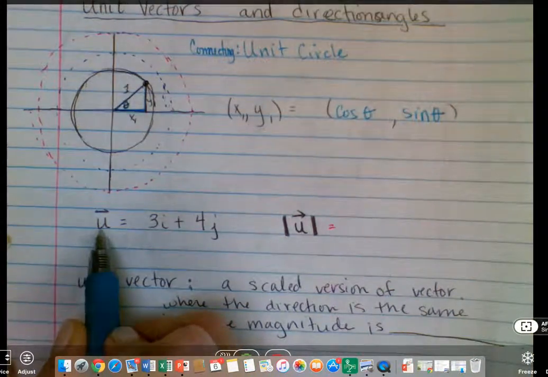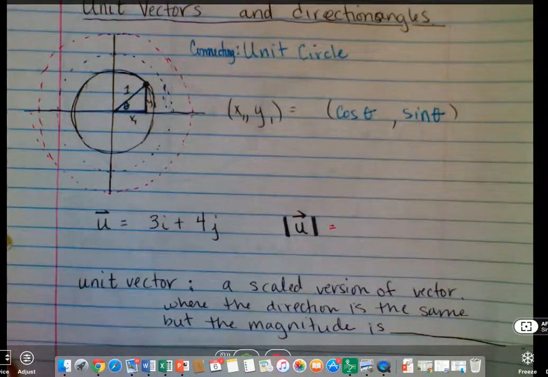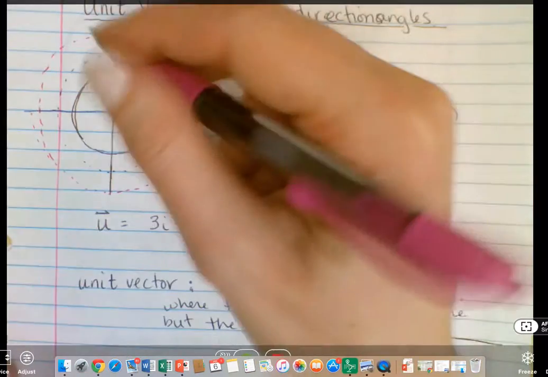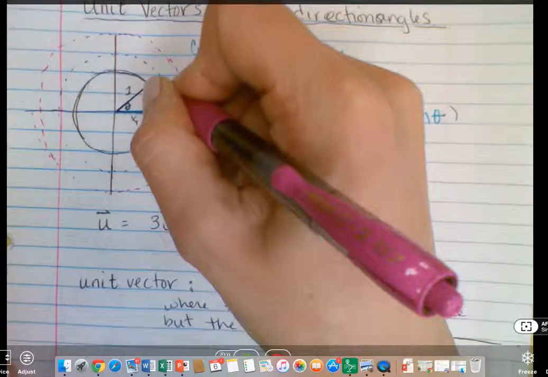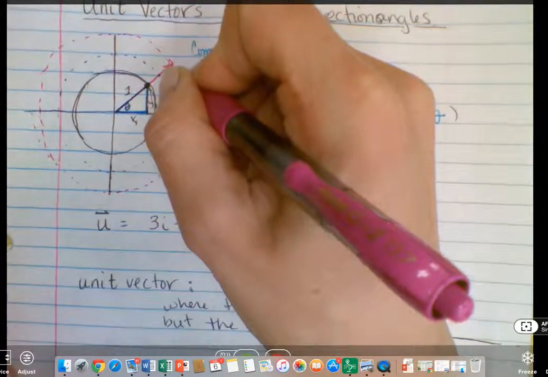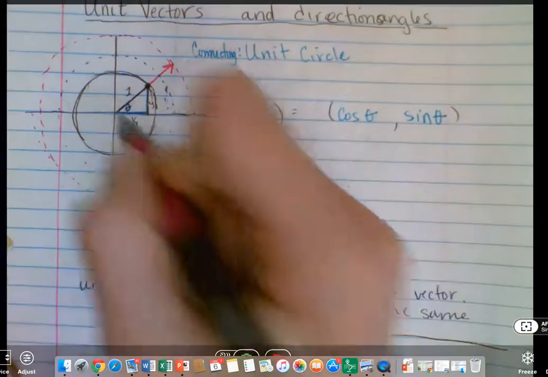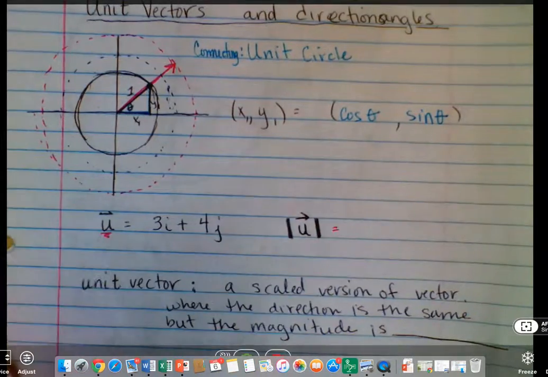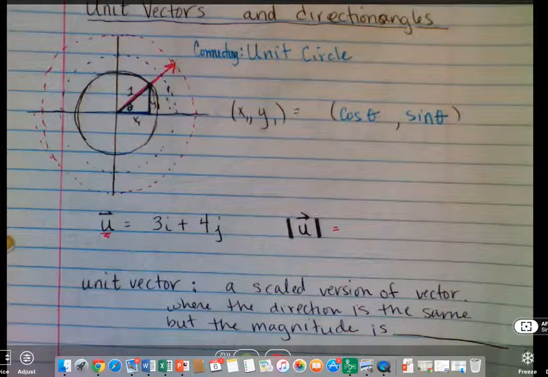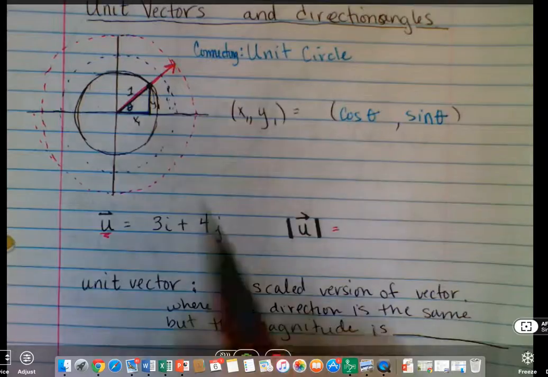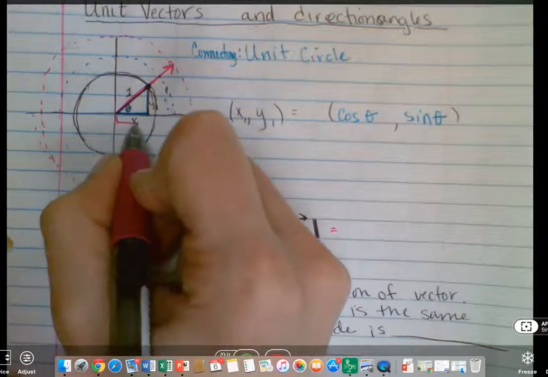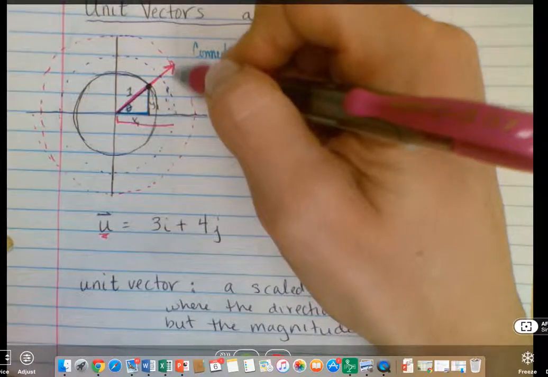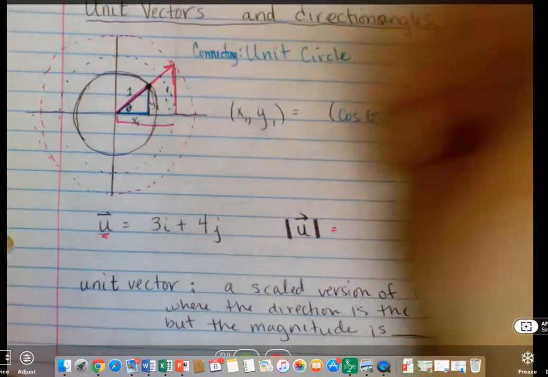I have some vector, and let's say that it lies along this same direction as this vector up here. So it actually scales out to right there. We're going to say there's our pink vector, and our pink vector is vector u. Vector u has a horizontal component of 3 and a vertical component of 4.